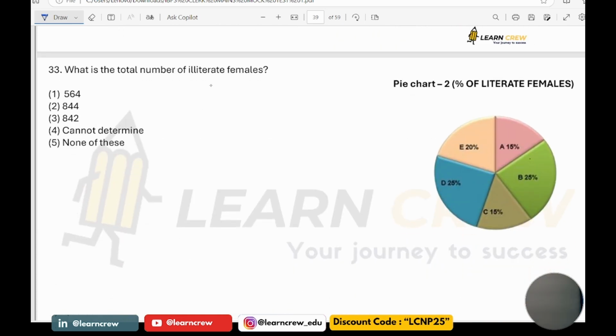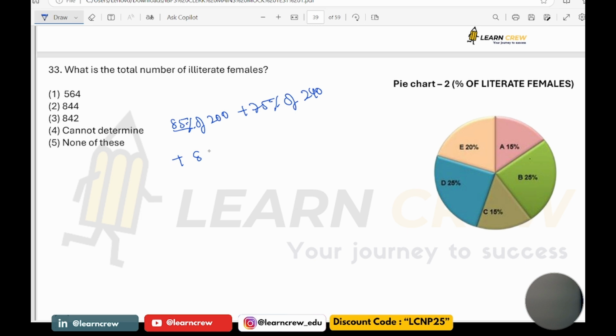what is the total number of illiterate females? What is the total number of illiterate females means you have to take the entire value. That is 85 percentage of 200 plus 75 percentage of 240 plus, how much?